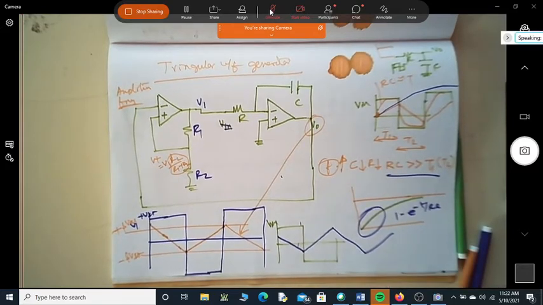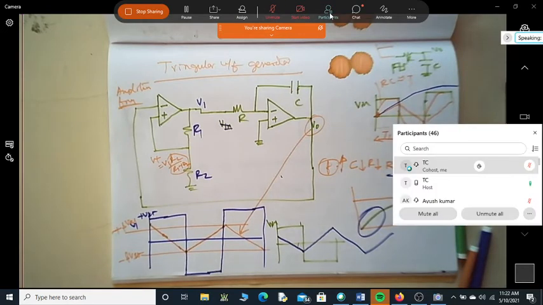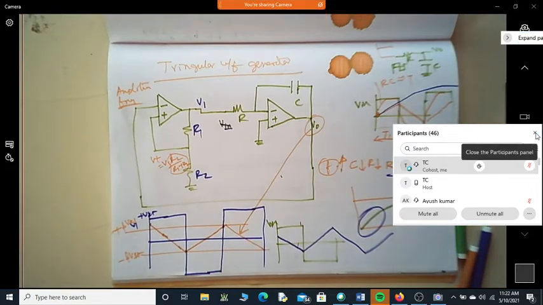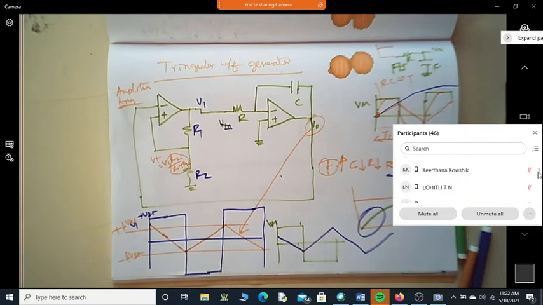Any issues to anybody? Let me see how many of you are there. Oh, great number, 44. They are sleeping. Okay, Uday Shankar.